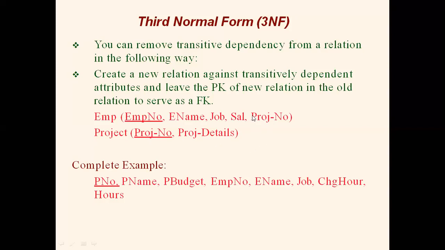Suppose I don't include it, even then I can take it to the third normal form. Suppose I remove it, I can still get the details with respect to this. From this we get this, from this we get this, and from this we get all the other information. So this is how we can do it.